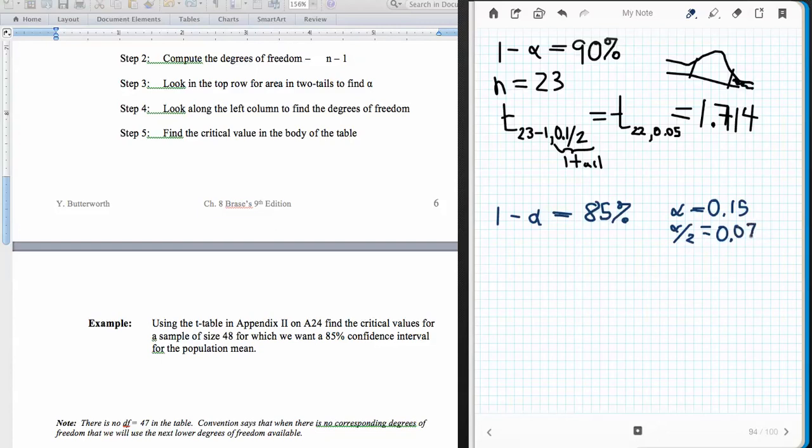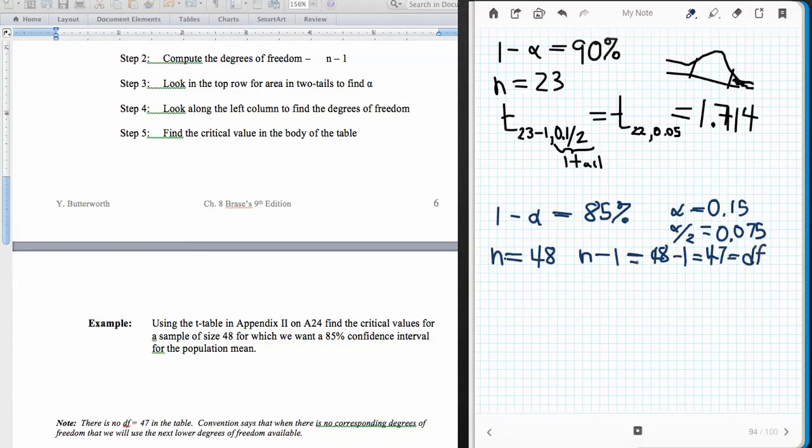Now this I'm not sure is going to be in our table, so we may need to use our calculator. So let's see. Our n is going to be 48, so we have to do n minus 1 for our degrees of freedom, being 48 minus 1, or 47, and that's degrees of freedom.